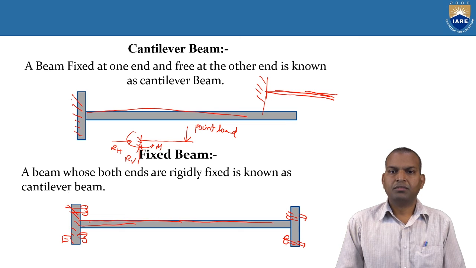If you want to join two structures with the help of a bridge, the structure should be fixed at both ends. That's why it is called a fixed beam.